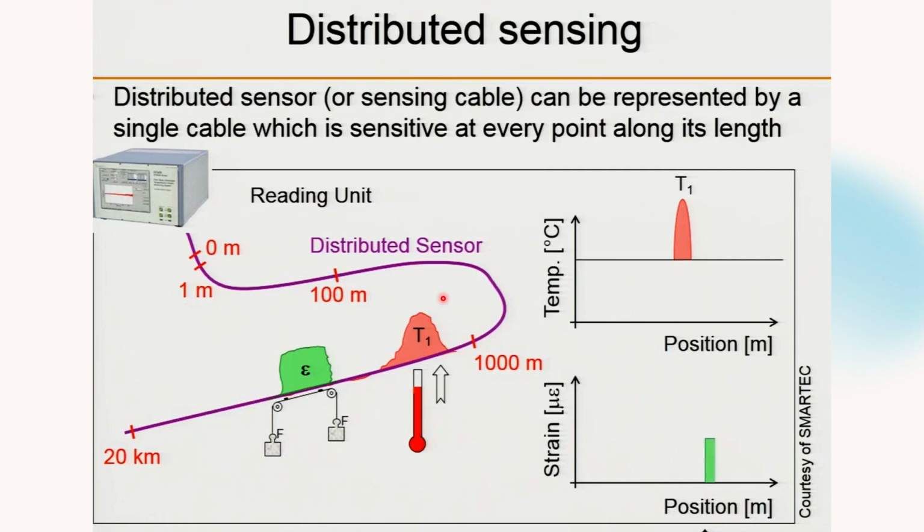A distributed sensor can be represented by a single cable which is sensitive at every point along its length. For example, we have the reading unit and a distributed sensor from 1 meter to 20 kilometers. Along this line, it can detect temperature and also strain.